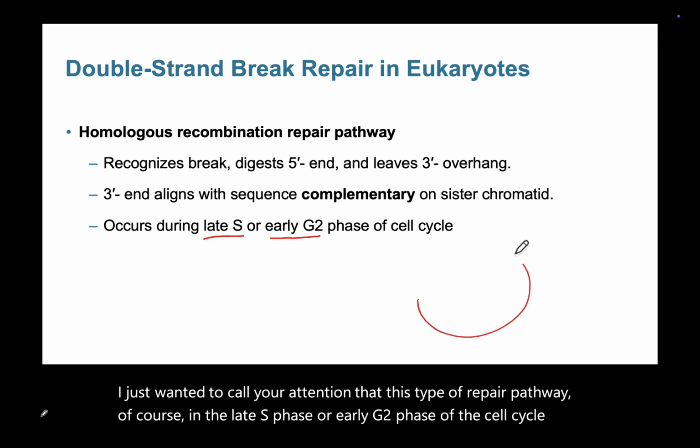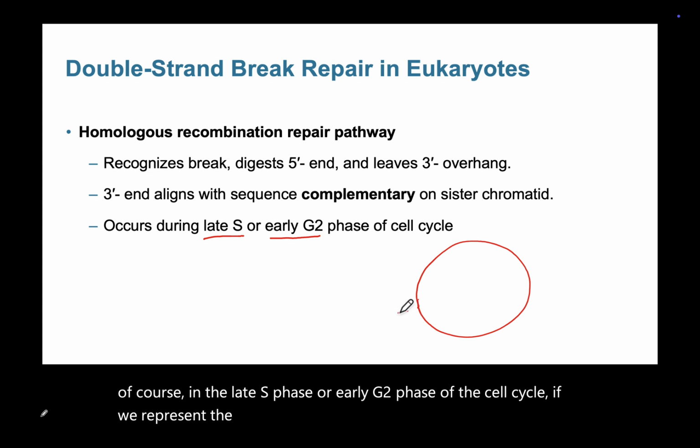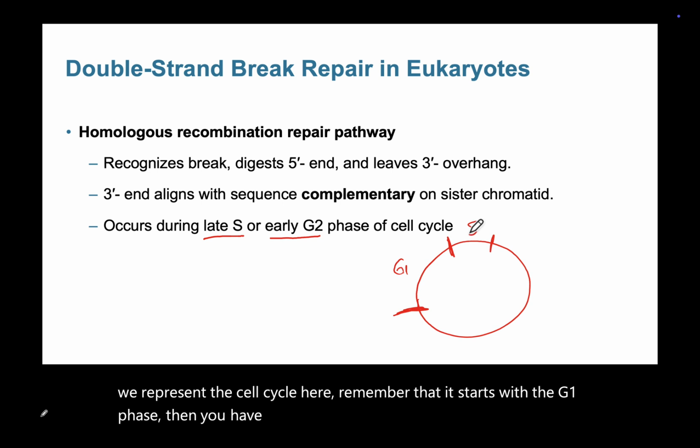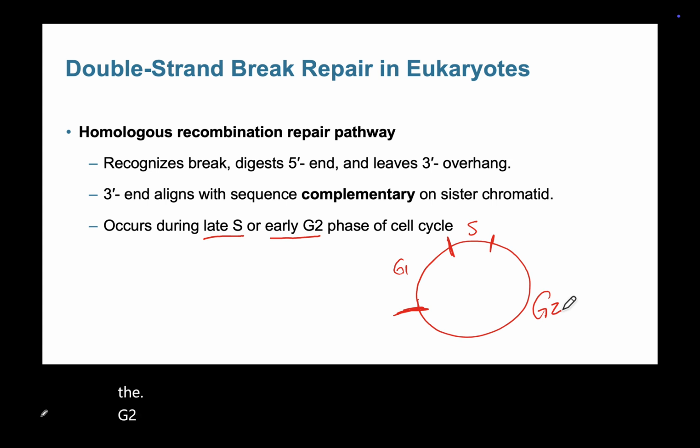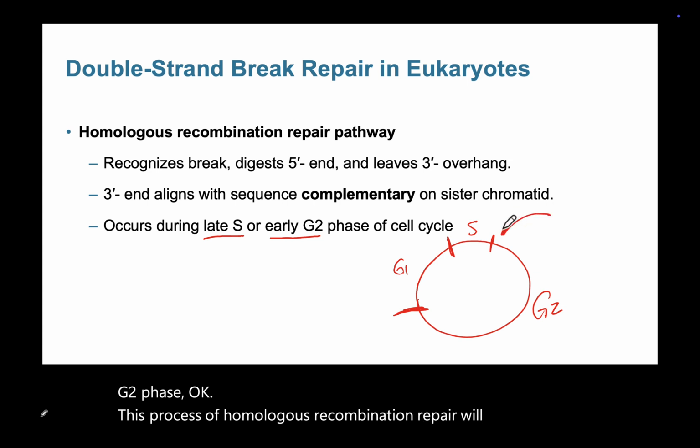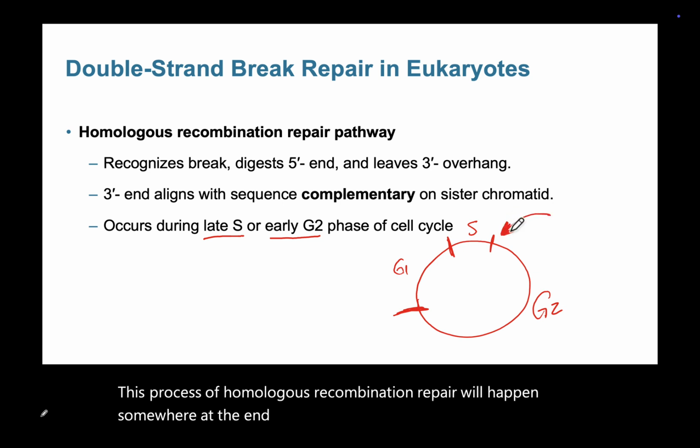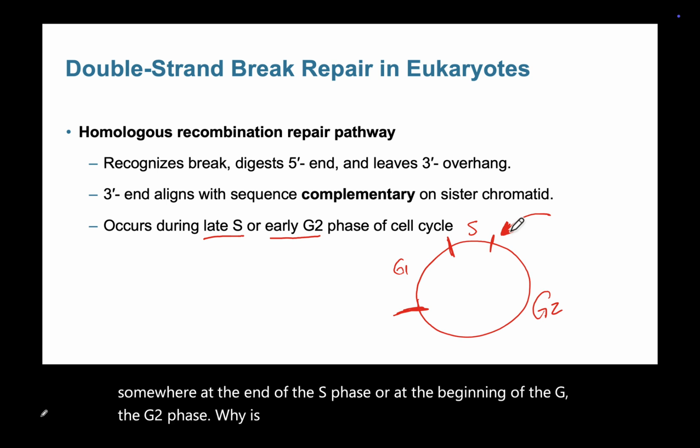If we represent the cell cycle here, remember that it starts with the G1 phase, then you have the S or synthesis phase, and then you have the G2 phase, okay? This process of homologous recombination repair will happen somewhere at the end of the S phase or at the beginning of the G2 phase. Why is that the case?